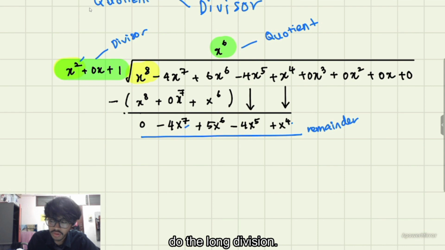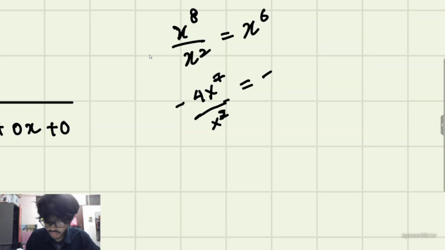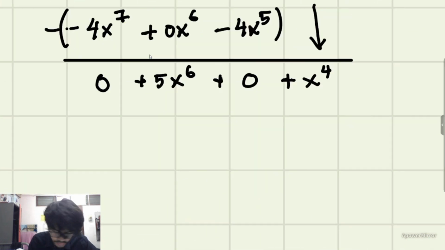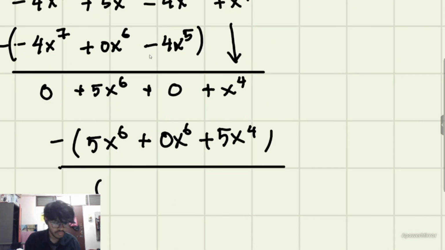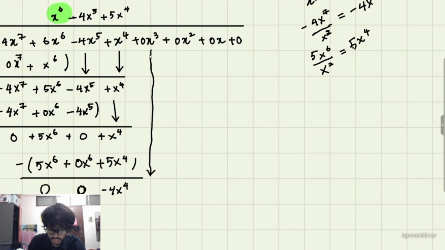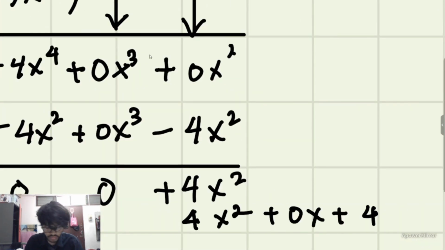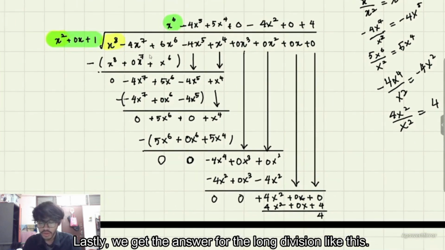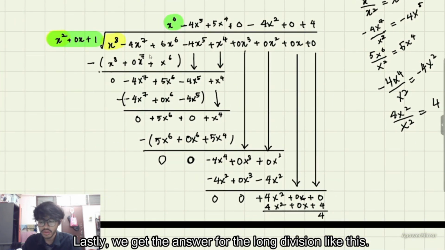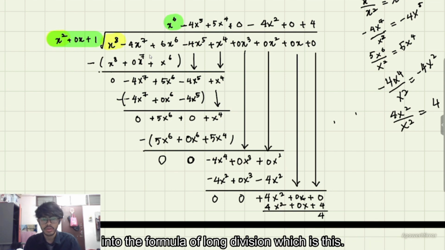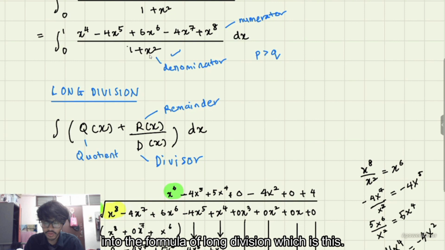do the long division. Lastly, we get the answer for the long division like this. We can start to transfer all the remainder, quotient, numerator and divisor into the formula of long division, which is this.